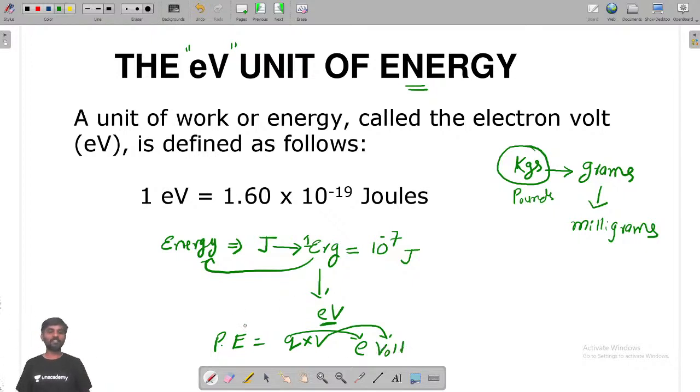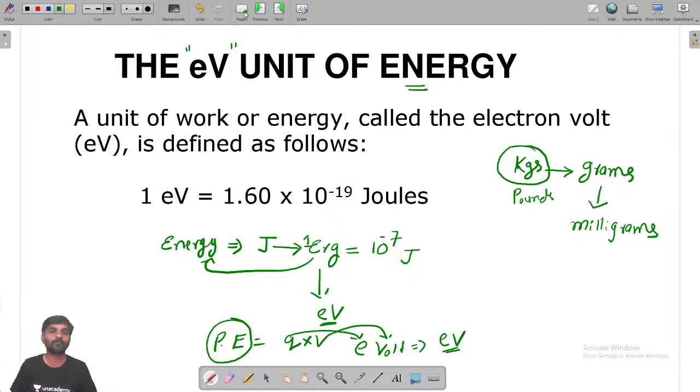As potential energy, if we are trying to measure it, we can use a name called electron volt, which is also a unit of energy.